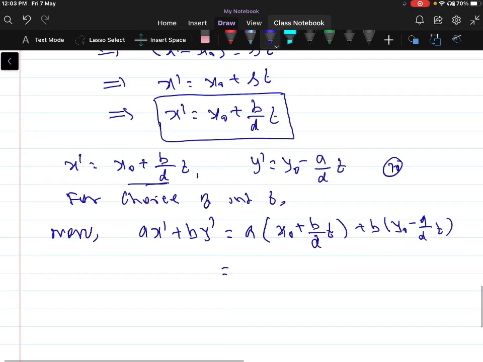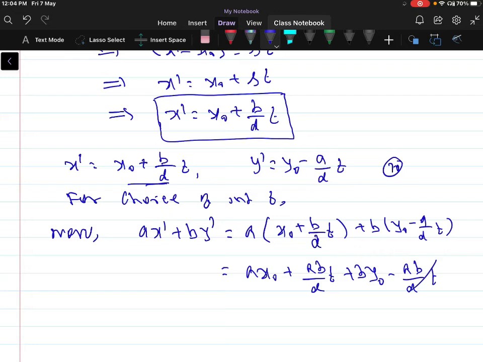This is equal to ax naught plus ab by d into t plus b into y naught minus ab by d into t. So plus ab by d into t minus ab by d into t get cancelled, that is equal to ax naught plus by naught.